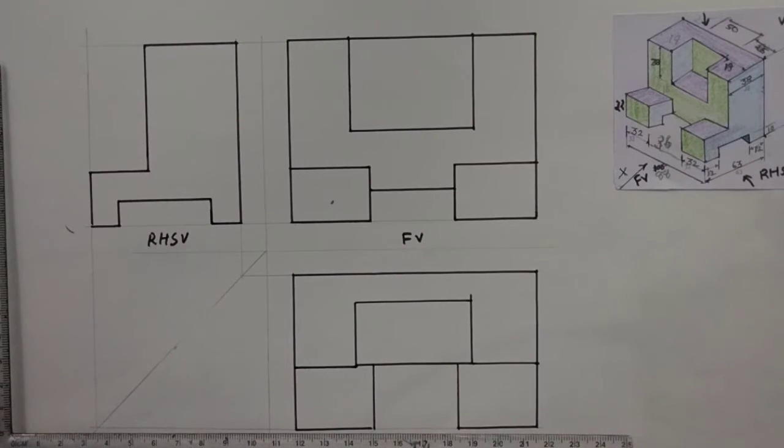Now in your side view, a few parts are not visible. You can show them with a dotted line. First, if you observe your job from this right hand side view, this hollow material gap which is removed from the isometric is not visible. So where is it? It is in our plan.